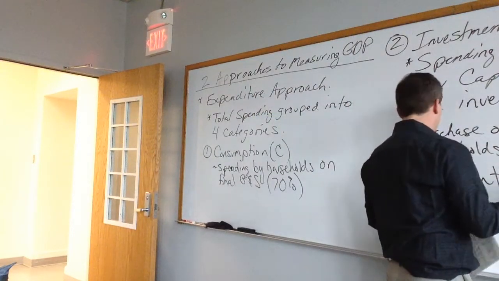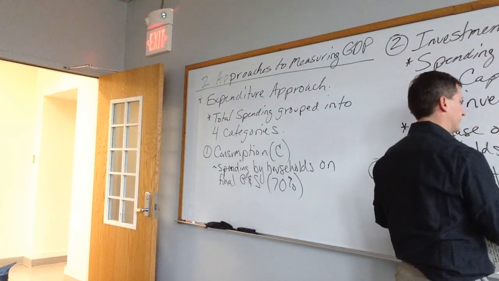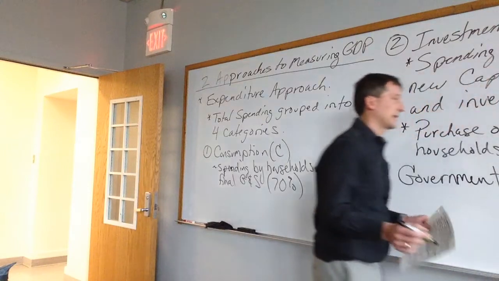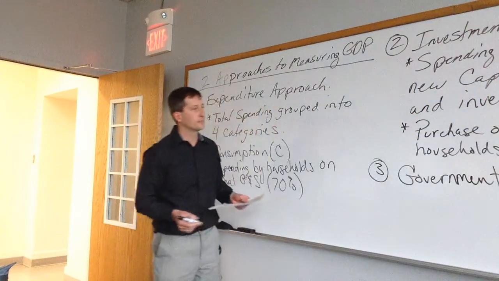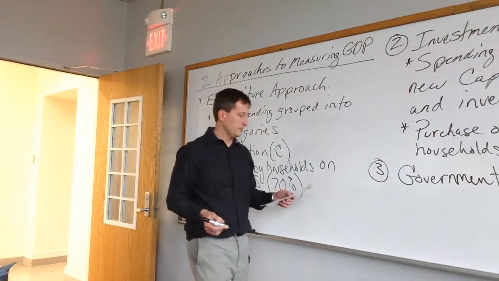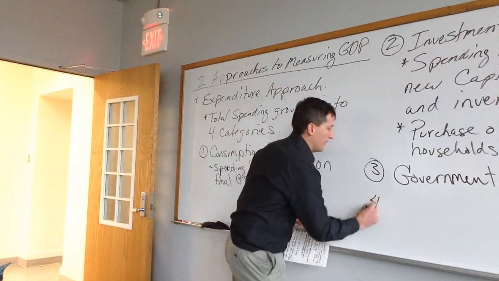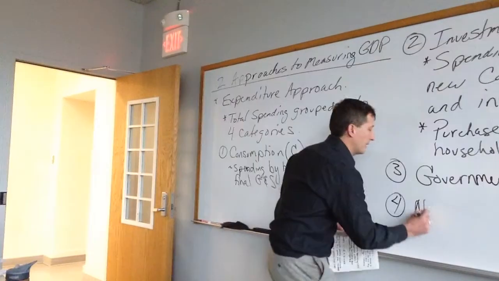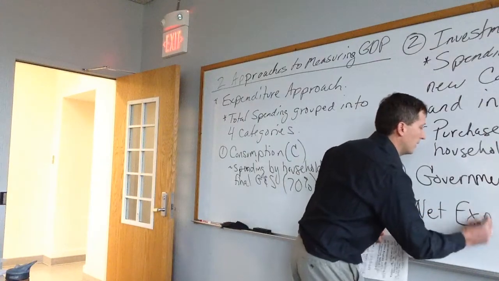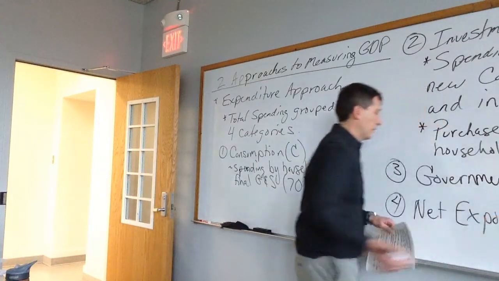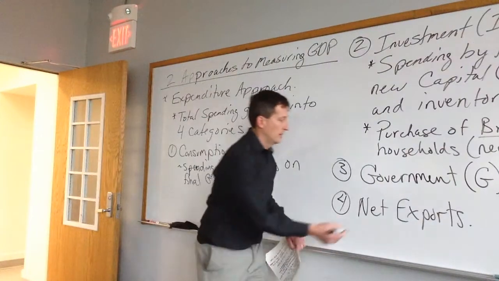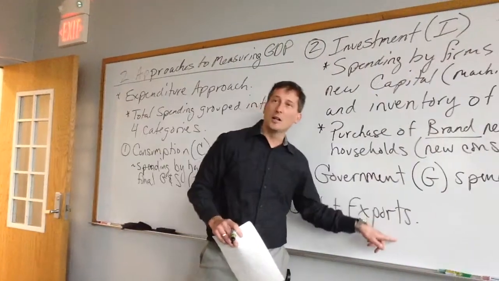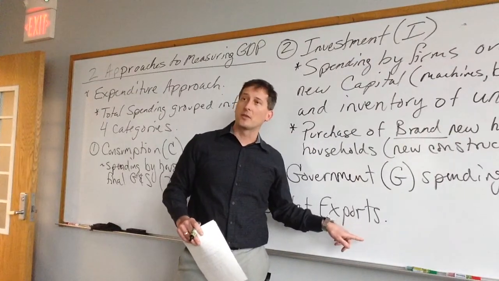Okay, government spending. That one's pretty self-explanatory. All the money that the government spends. And then finally, number 4, net exports. Whenever we see that word net, it usually means that the word that follows it, something's been subtracted from, right?